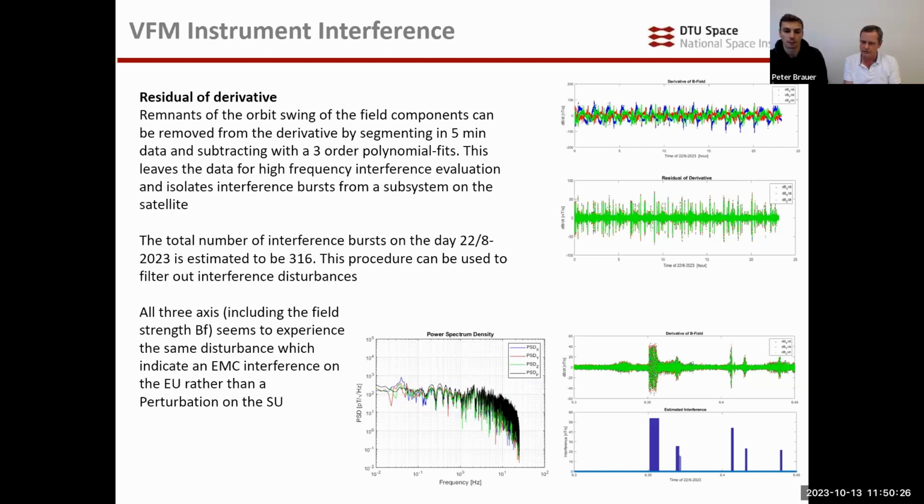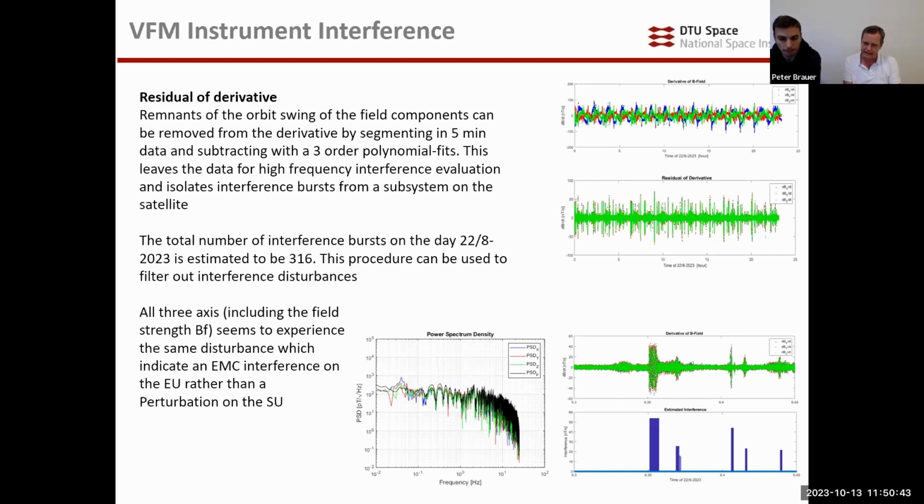On the lower right plot, you see a zoom in of such a disturbance burst. We can identify these bursts, and if necessary, we can flag them.